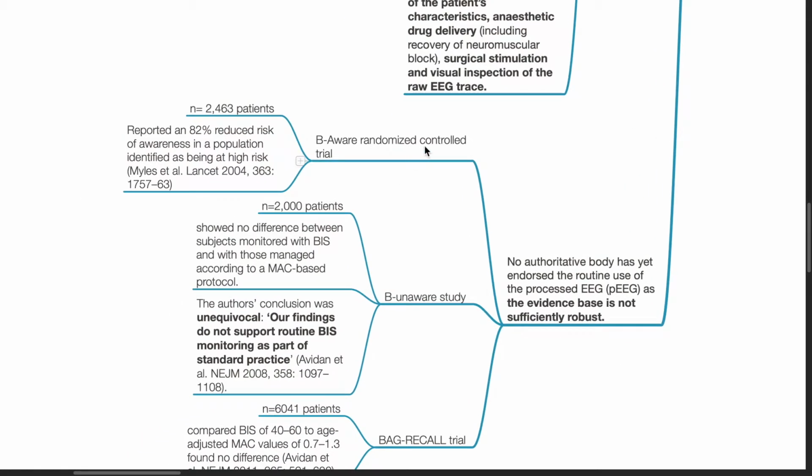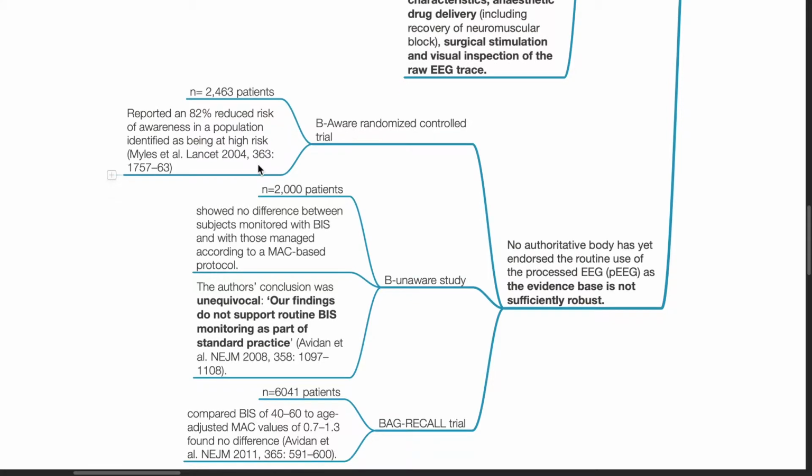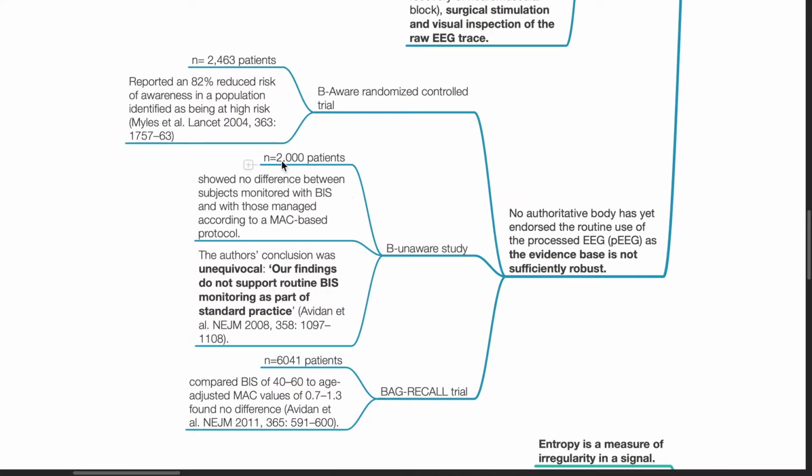The B-Aware randomized controlled trial, with 2,463 patients, reported an 82% reduction in risk of awareness in a population identified as being high risk. The B-Unaware study, involving 2,000 patients, showed no difference between subjects monitored with BIS and those managed according to a MAC-based protocol.